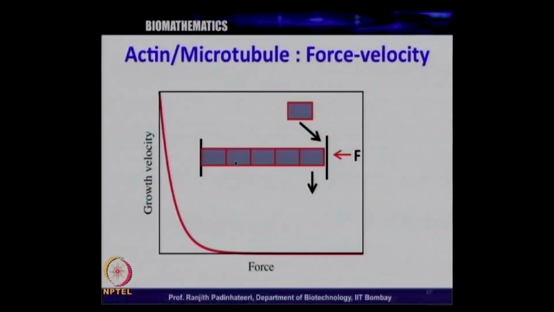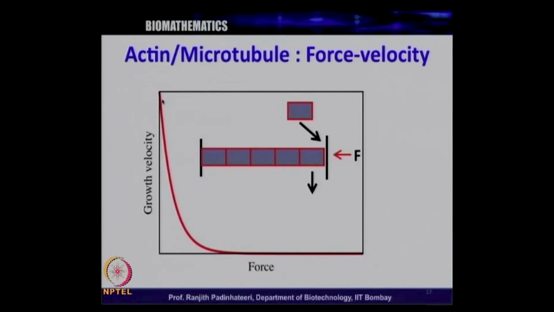So imagine such a situation in an in vitro experiment. That is shown here in this cartoon. You have a filament growing against a wall, and you are applying some force F. If you apply a lot of force, it is difficult for the filament to grow.